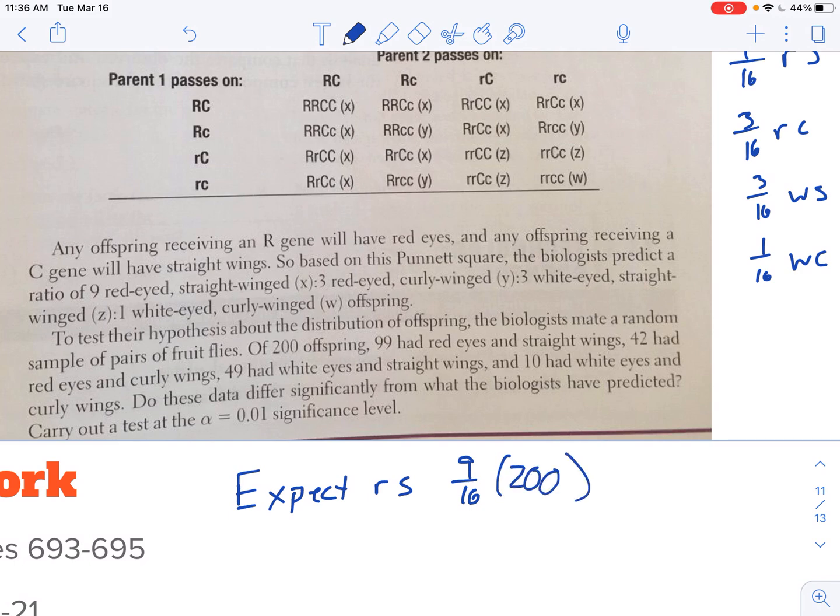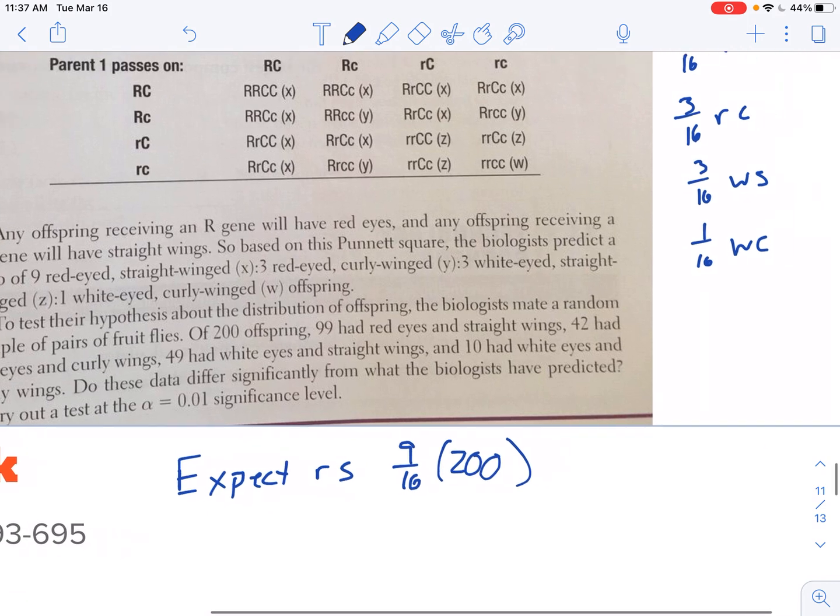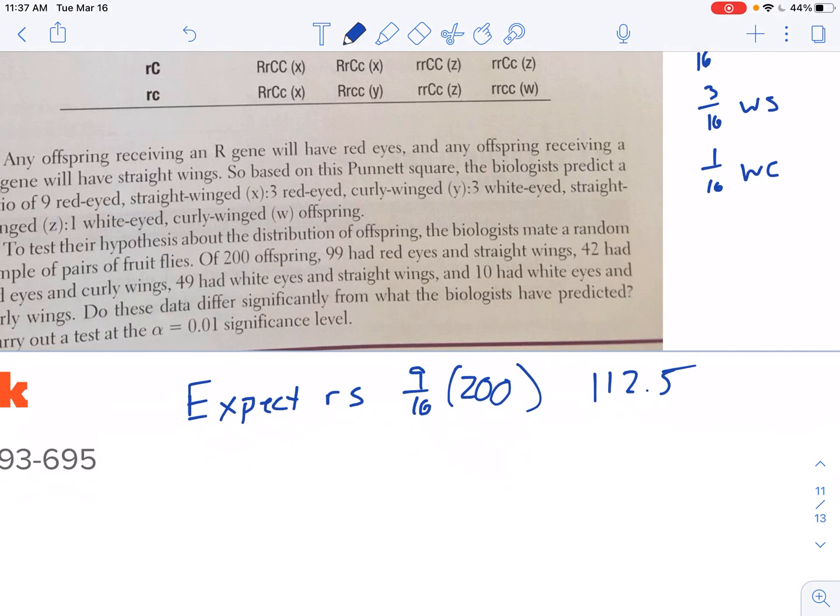And when we do that, 9/16 times 200 is 112.5. For our red-eyed curly wings, this is going to be 3/16 times 200, which is equal to 37.5.